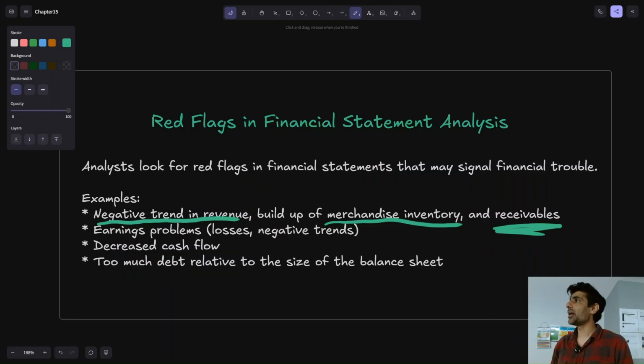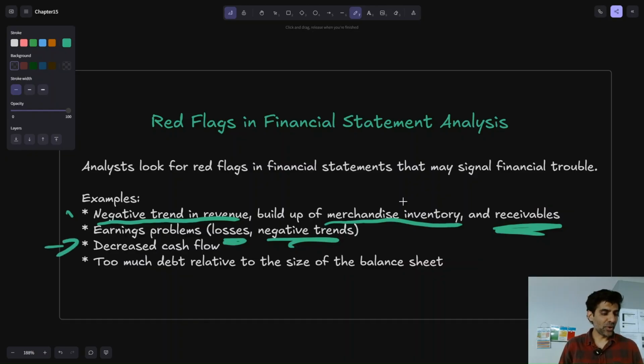Receivables also growing as a proportion of revenue, or as a proportion on the balance sheet, also means maybe you're not able to collect from your customers. You've extended credit to people who are not going to pay you. So all these things are things that you need to find out more about. Earnings problems: if you have losses, if margins are continually declining, these are all things that you need to look out for.